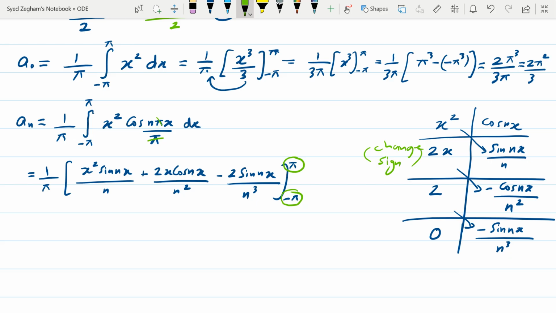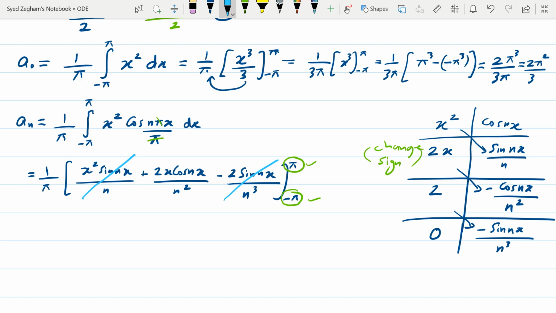In the first term, again it will become sine minus n pi, which is also 0. And in the third term when you put minus pi, it will become sine minus n pi, which is again 0. So you put pi or you put minus pi, in both cases this first term will become 0 and this third term will also become 0.